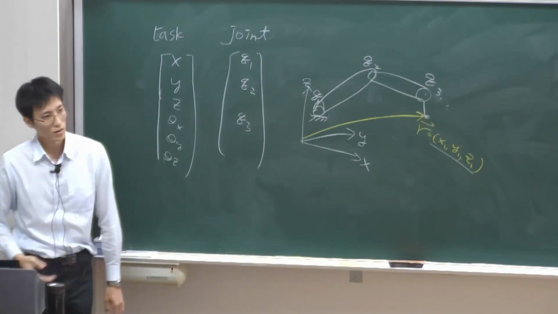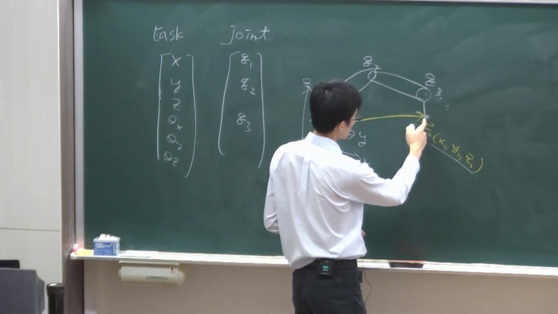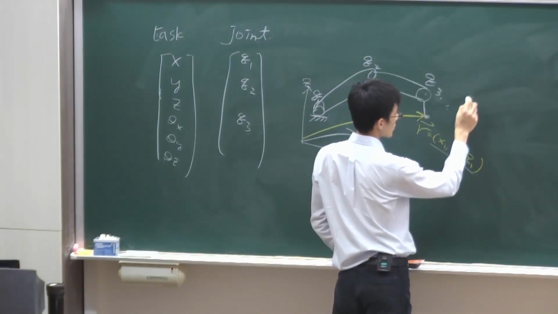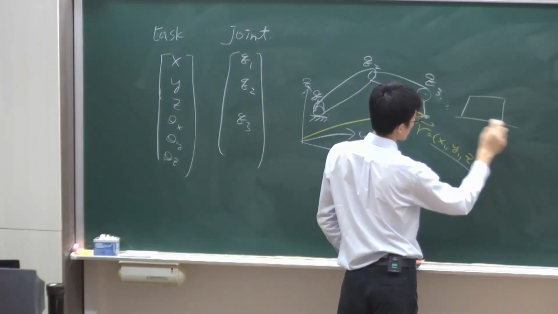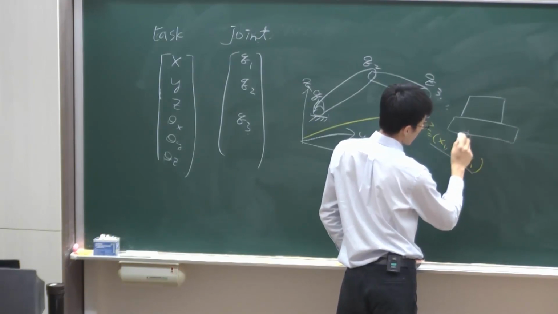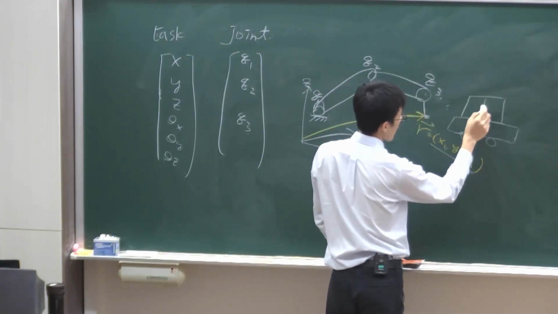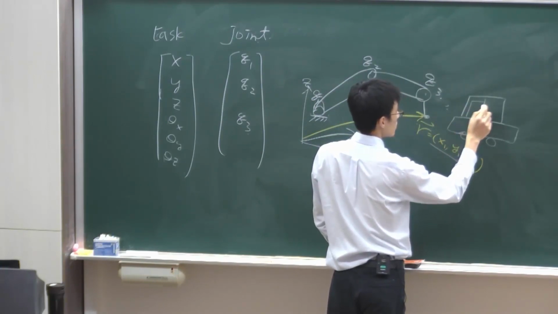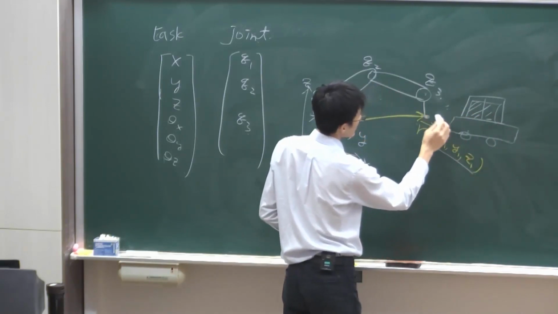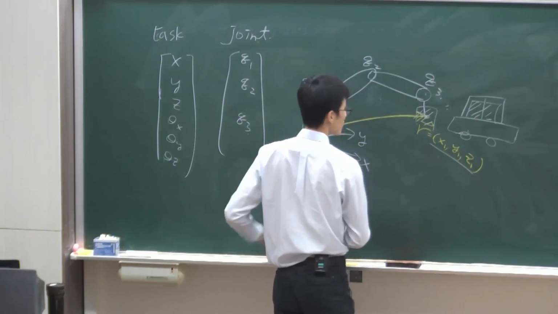Okay, 听懂吗? Like if you want this end effector to follow some trajectory to assemble the cars in the factory, you need to put some glass from here to here.